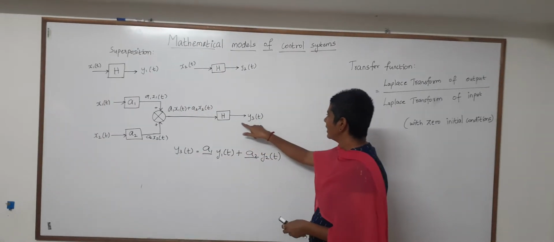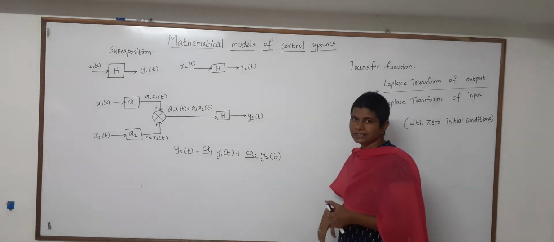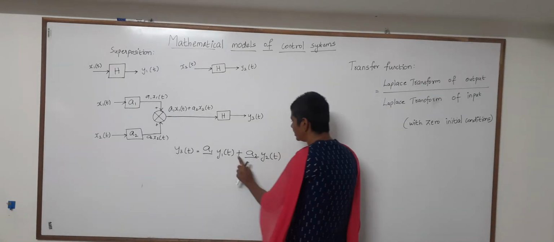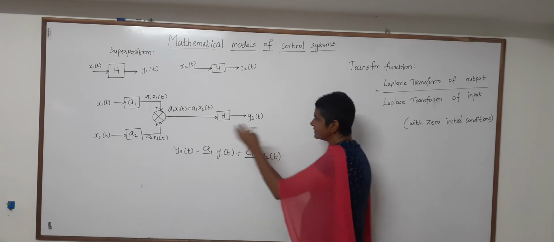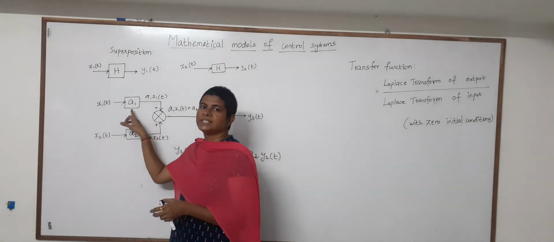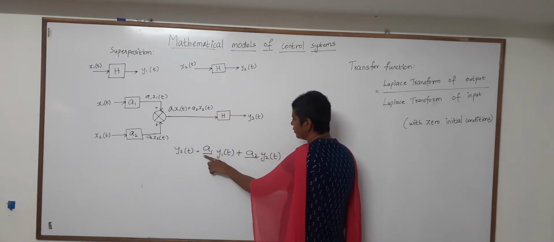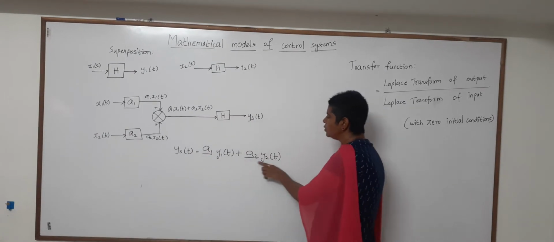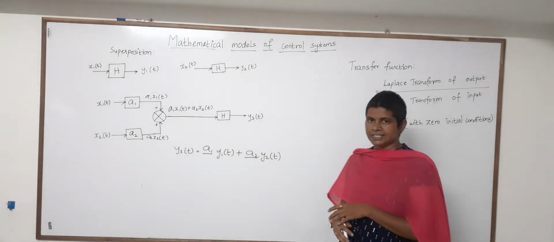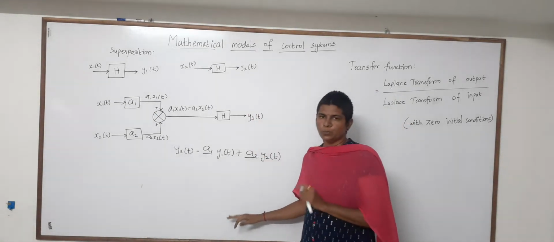Since I have additionally added the constants a1 and a2, I am again inserting the constants here: a1 y1 of t plus a2 y2 of t. Right. So this is the principle of superposition.